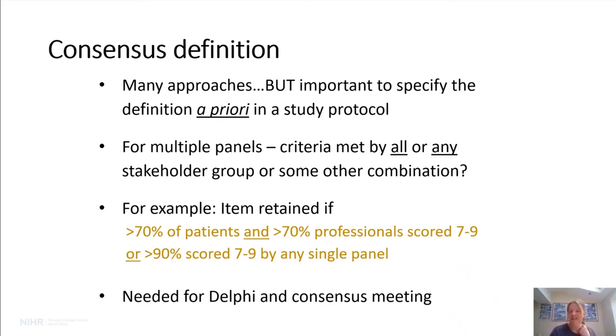But some people do add in, or if both groups don't necessarily agree that it's core, but one group is so absolutely convinced, so more than 90% say it's critical, then that could be in. So there are lots of opportunities for different definitions, and that's why we strongly recommend that it's defined a priori in the protocol.